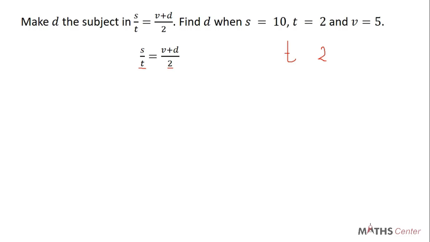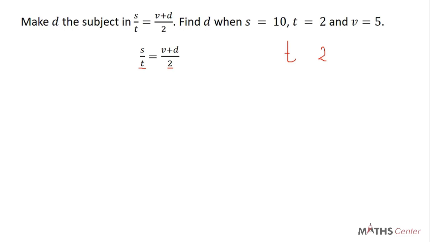Now, because one of the denominators is a variable, in this case t, the LCM is the product of the denominators. This is what I mean. Because one of the denominators is t, which is a variable, you have to multiply the two denominators and use it as the LCM.